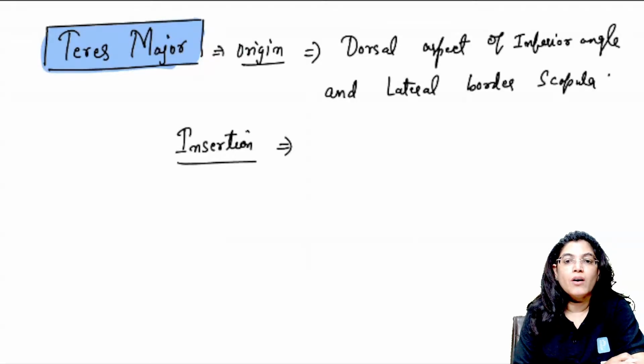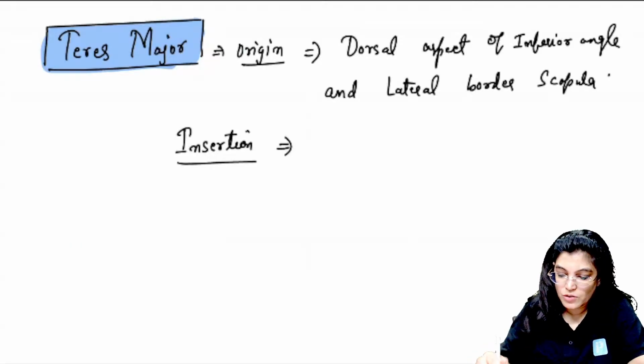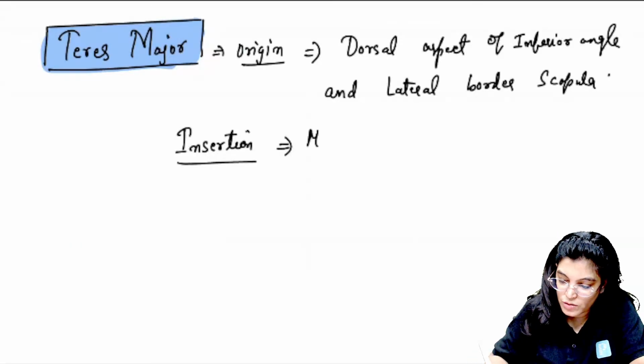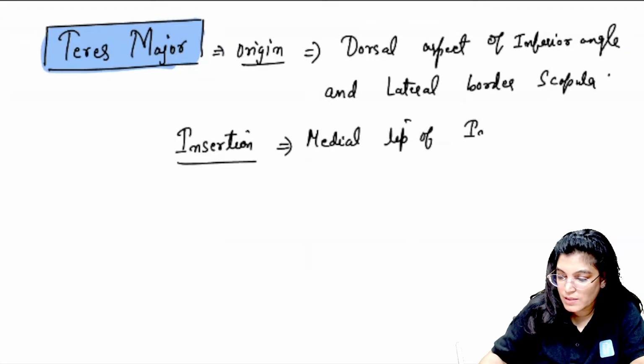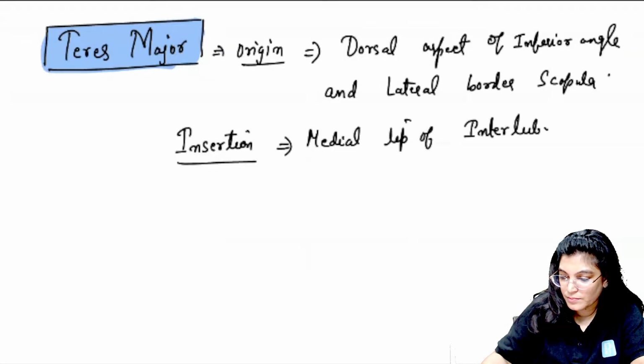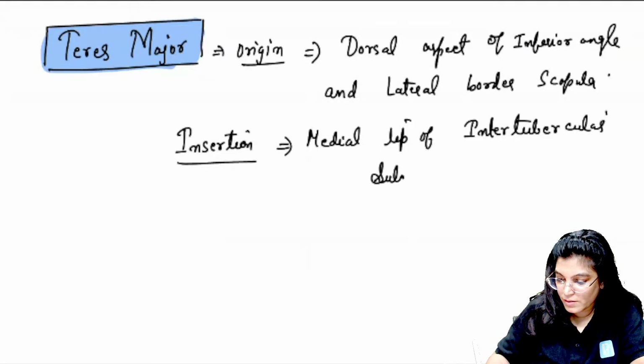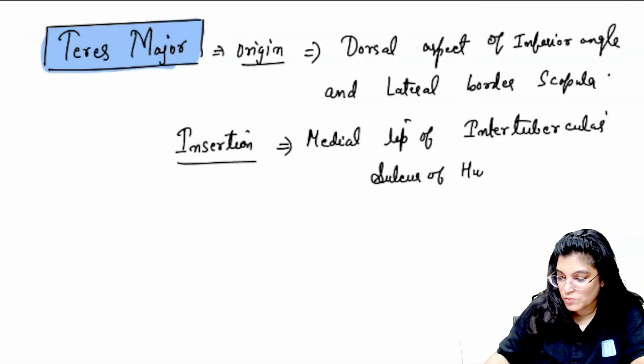To memorize: the lady is lying between two majors, pectoralis major and teres major. So it inserts onto the medial lip of the intertubercular sulcus of the humerus bone.